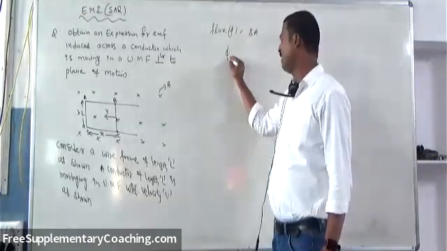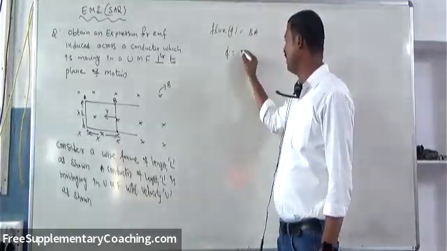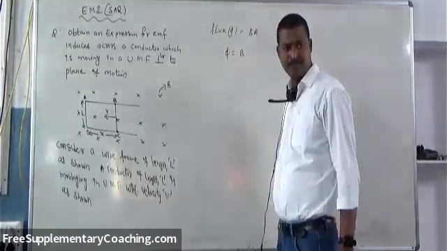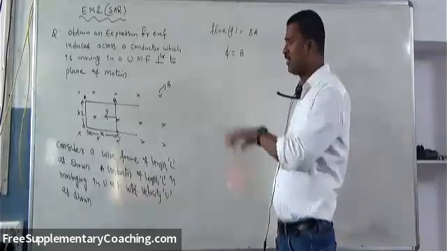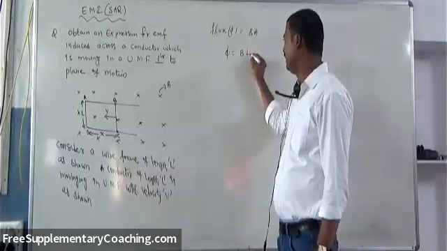So flux phi is equal to BA, where A is the area of the loop, that is length into breadth. At this moment, I can write L into X.